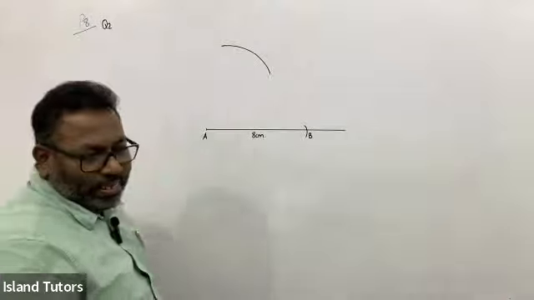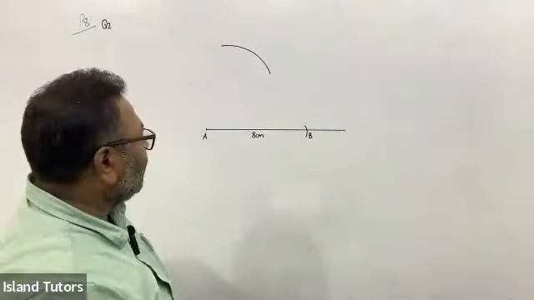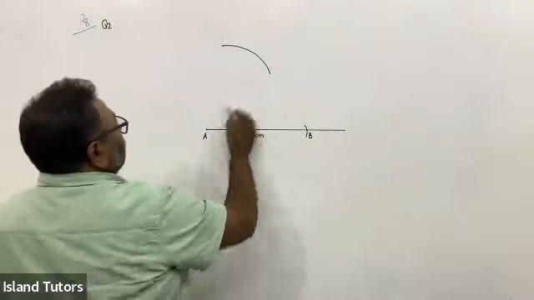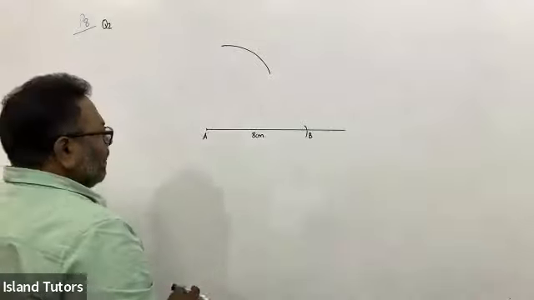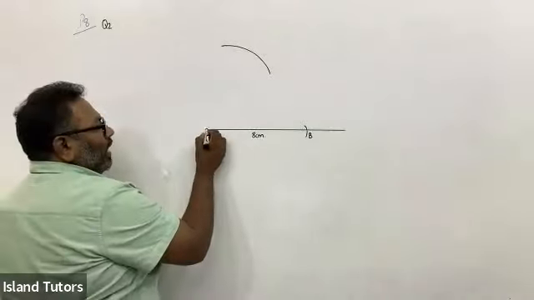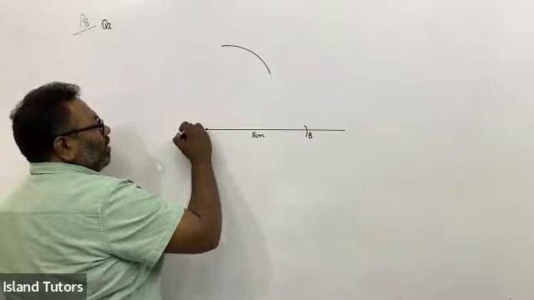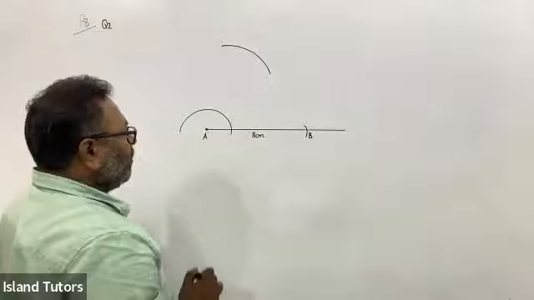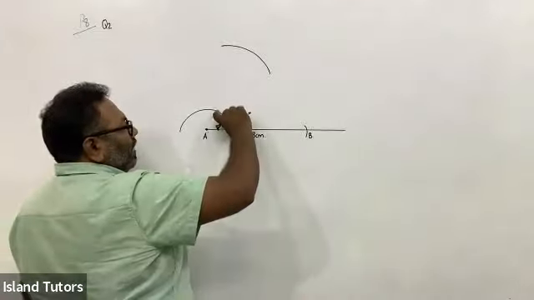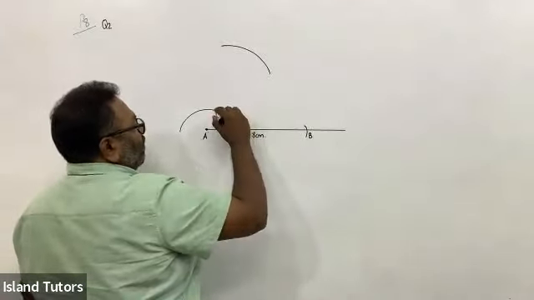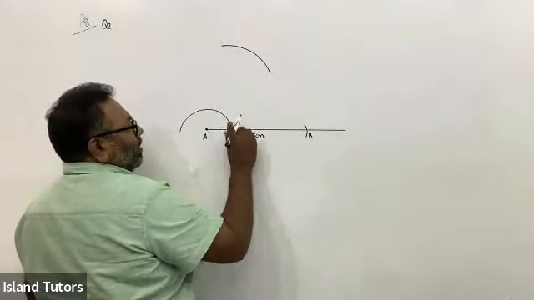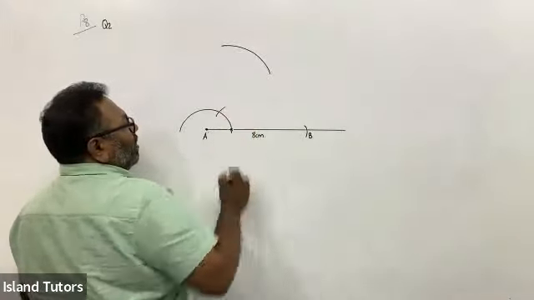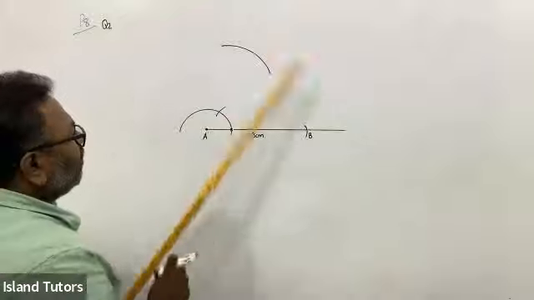Right? Then they are saying BAC is 60 degrees. So BAC angle has to be 60. So you keep your compass on A and draw an arc like this on A. Using the same radius, keep it on A on this intersection and draw an arc like this, right?